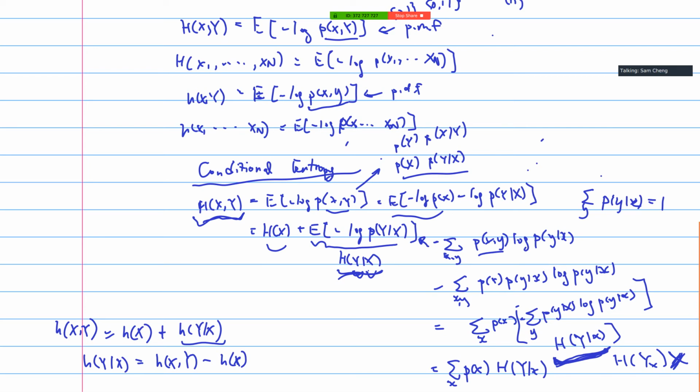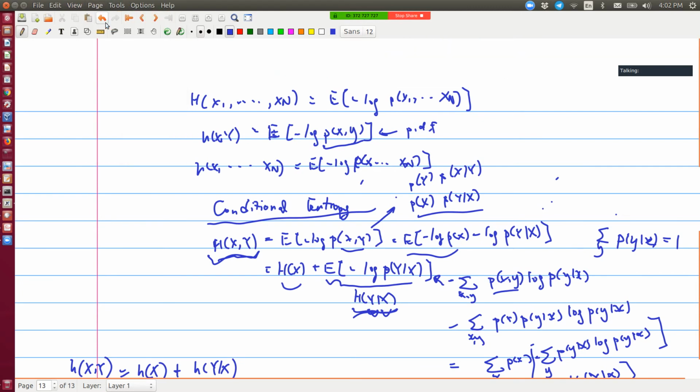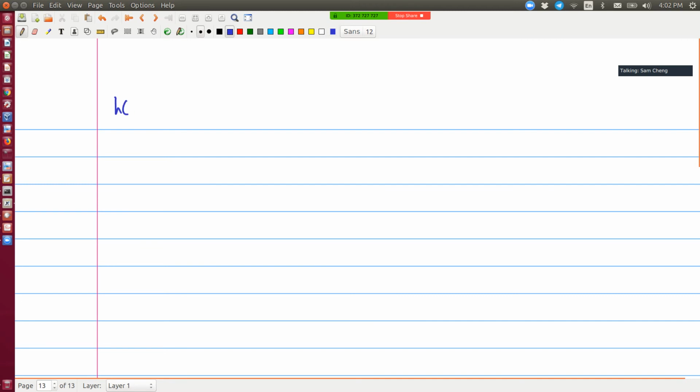Of course, we can expand this. For example, if I have H(x1, x2, up to xn), using the original discrete case, it is equal to H(x1) plus H(x2 given x1), and so on and so forth, to H(xn given x1, x2, up to xn minus 1).